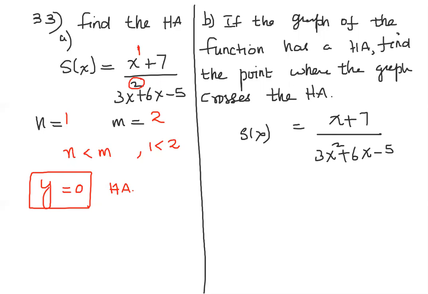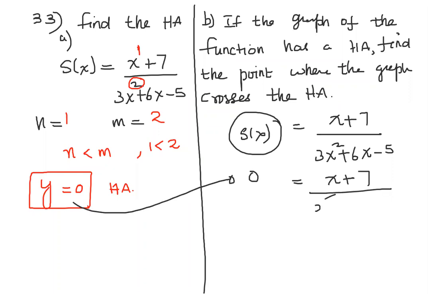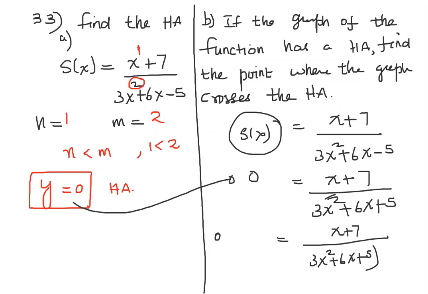Here the horizontal asymptote is 0; if the number were 2, then we would substitute 2. So I have to solve this equation. You multiply both sides by the least common denominator, which is 3x squared plus 6x minus 5.